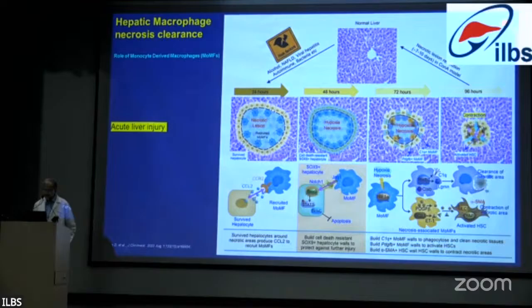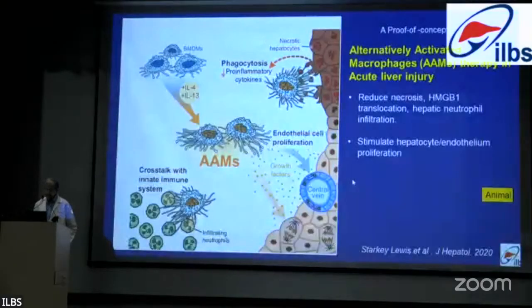This necrotic lesion has to be cleared, and for this, the monocyte-derived macrophages are picked up and they will try and kill it. And over a period of 48 to 72 hours, they will kill and clear the debris, and they will have the contraction of the necrosed area so that new cells, new hepatocytes can pick up. So clearance of the dead is important.